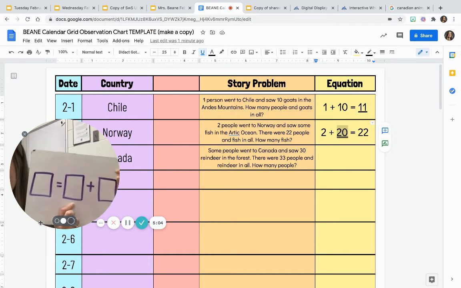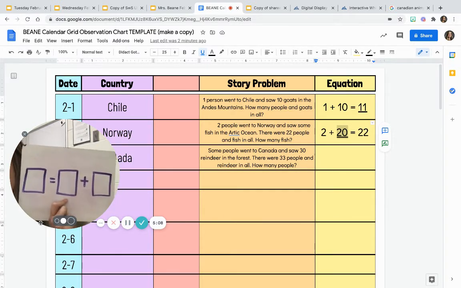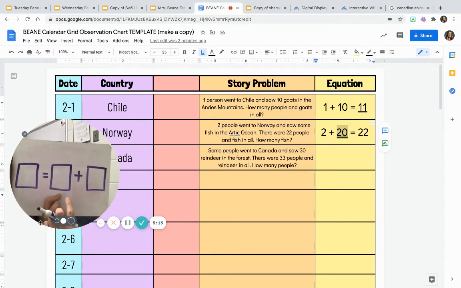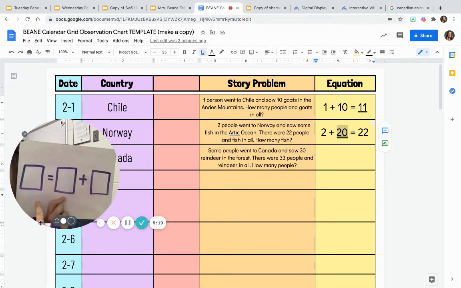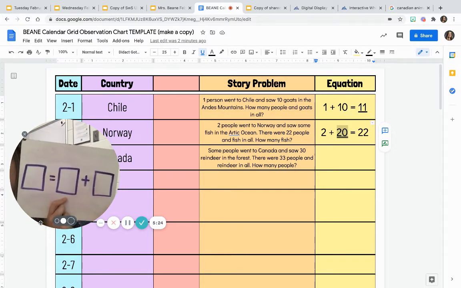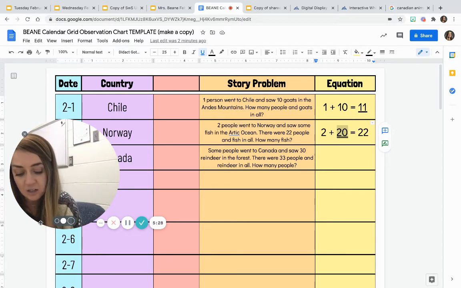So now I'm going to move on and see if I can think of a number that would go in here or hear a number that would go in here. Some people went to Canada and saw 30 reindeer in the forest. There are 33 people and reindeer in all. How many people? So I'm hearing that this first box, our start, is people. Our change or middle is reindeer.